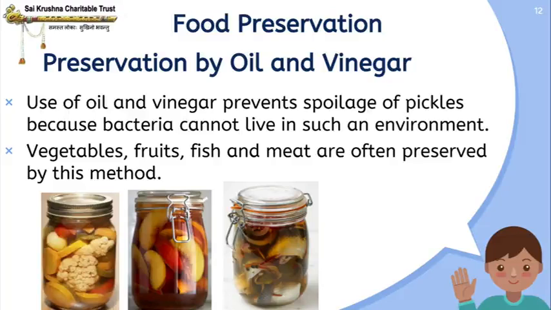Especially in pickles, we can see that it is dipped in oil or in vinegar because bacteria cannot live in such an environment. So the food also cannot get spoiled and the shelf life of the food is extended, meaning we can use the products for a longer time. Many vegetables, fruits, fish, and meat are also preserved by this method.